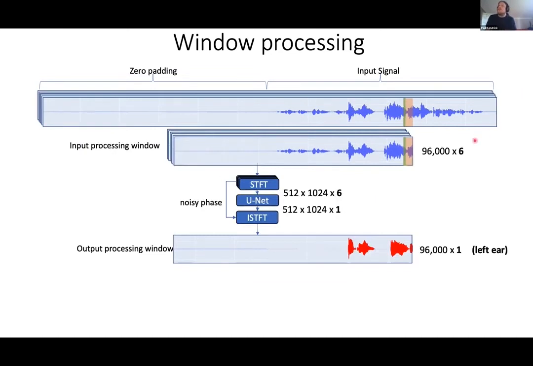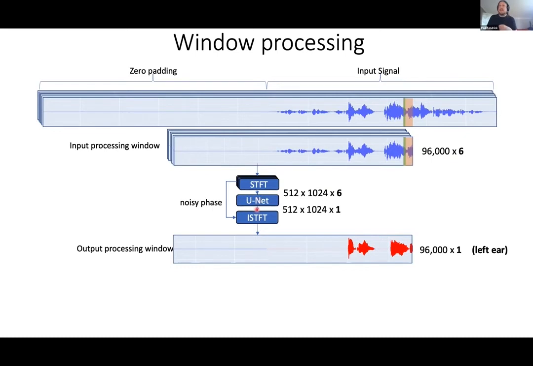I process all 6 channels simultaneously. So my input is 96,000 samples by 6 channels. This is 6 seconds. I calculate a spectrogram on each of these inputs and pass it to the Unet. Interestingly, I only train one Unet, and I train it only to estimate the enhanced spectrogram at the left ear. I don't train it to enhance the spectrogram at the right ear, only the left ear.